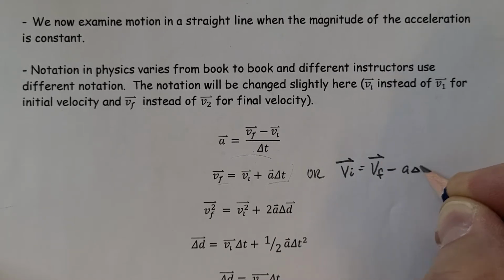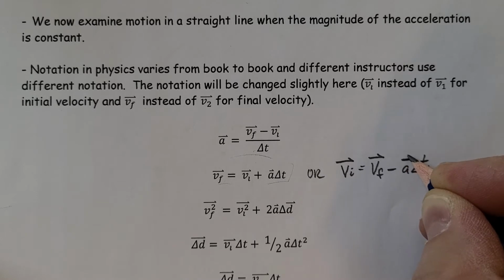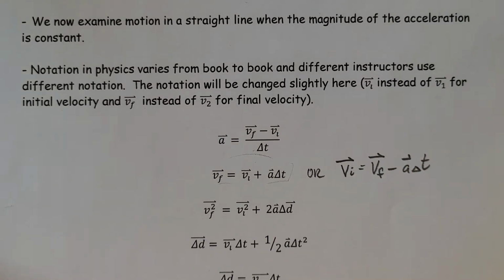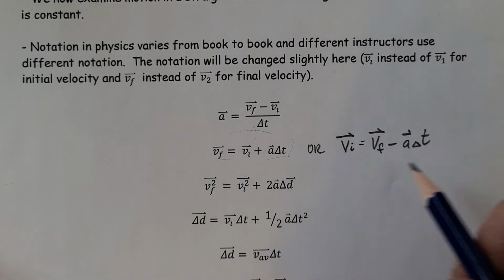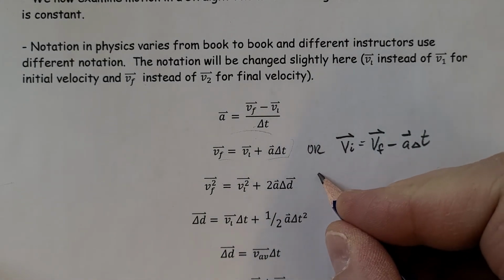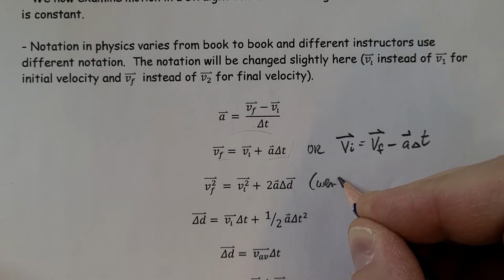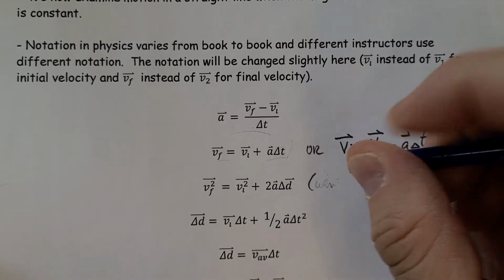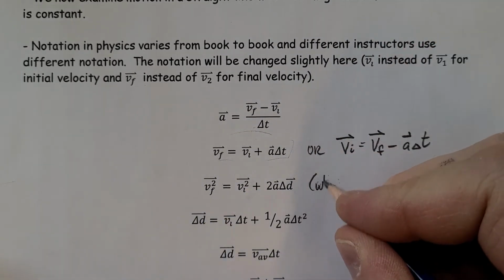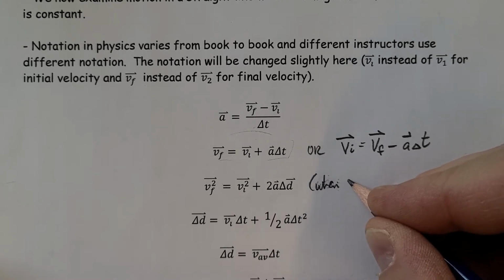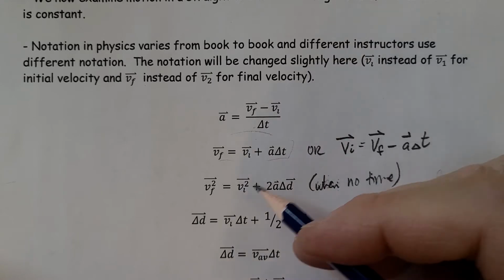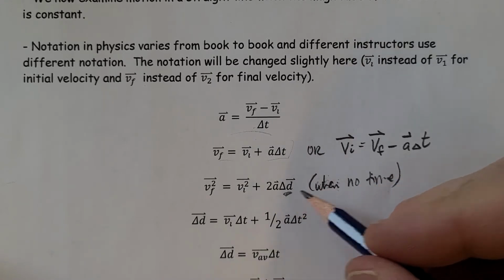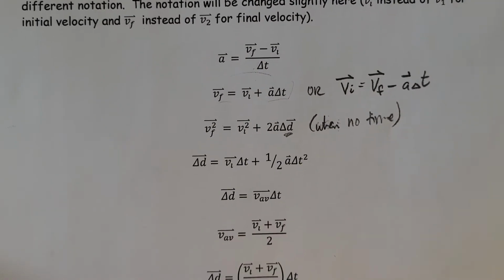and I get this. Now these, if you haven't received it already, you will get a formula sheet that has all of these equations on them. So this is good, and if we don't have time as a variable, so I'll just write here, when no time, we can use this, dealing with the displacement instead of the time.